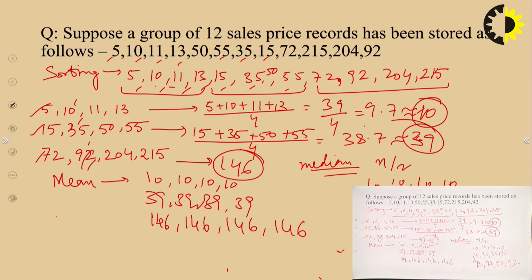Next one is binning by boundaries. As you already know, let's check whether 10 is closer to 5 or closer to 13.